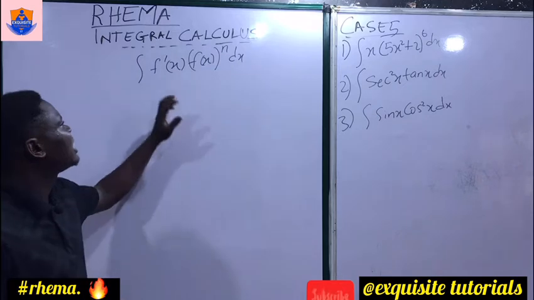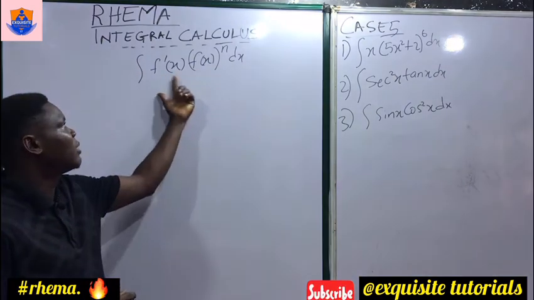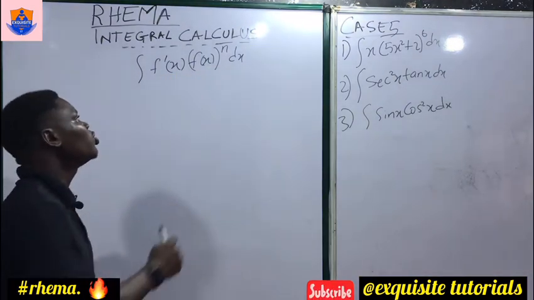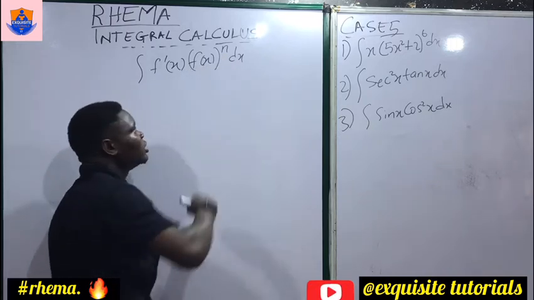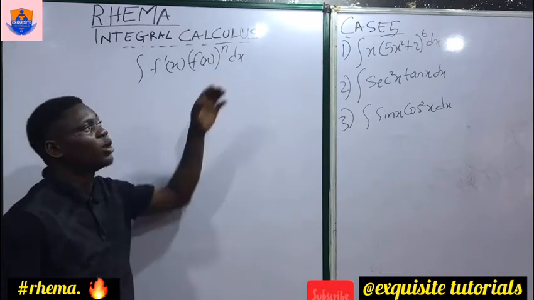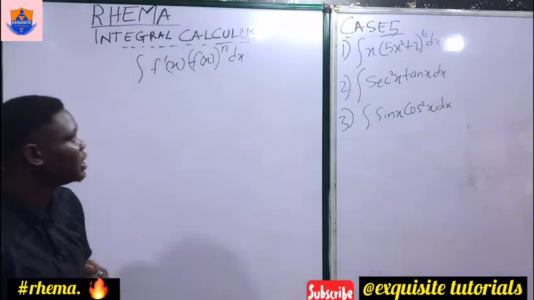Now, we are saying anytime you have two functions multiplying each other, and one of them has a power, it can be a power of 1, it can be a power of 2, it can be a power of 3.